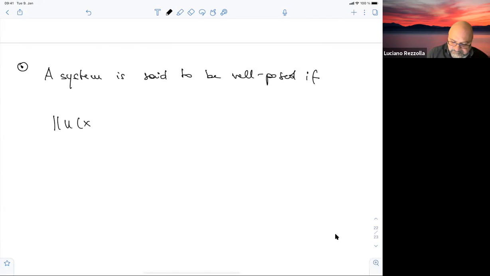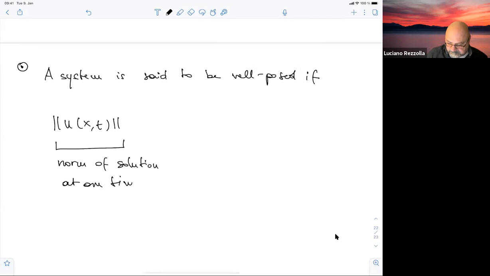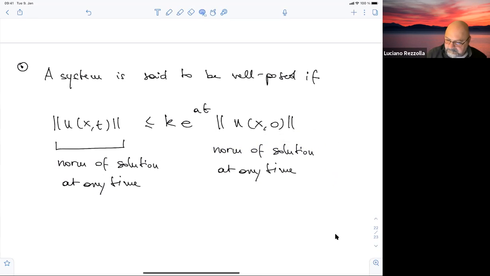The norm of the solution at any time is always upper bounded by a function which at most is exponentially growing in time with respect to the solution at the initial time.